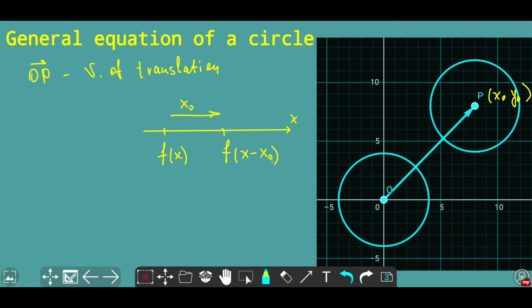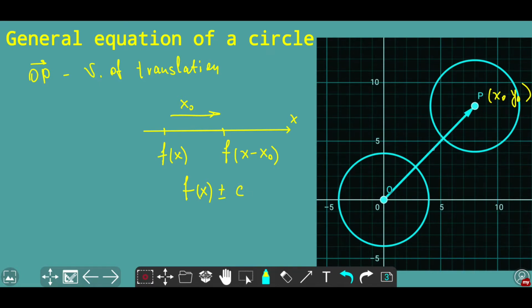In the same way, we can apply that to the y-axis. For the y-axis, if we want to translate vertically, as you remember, you need to add or subtract some c units, but outside the argument. Here it doesn't work that way.